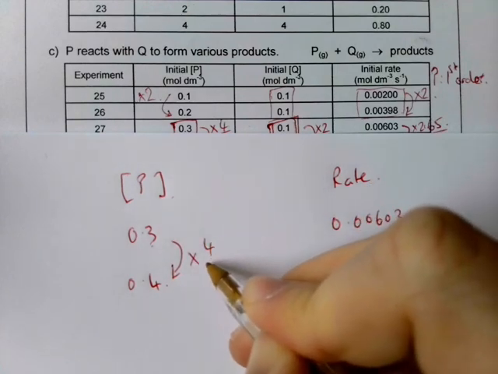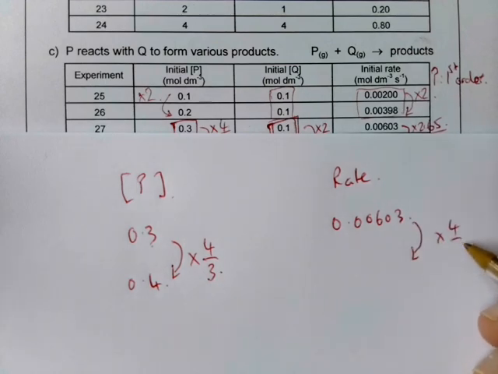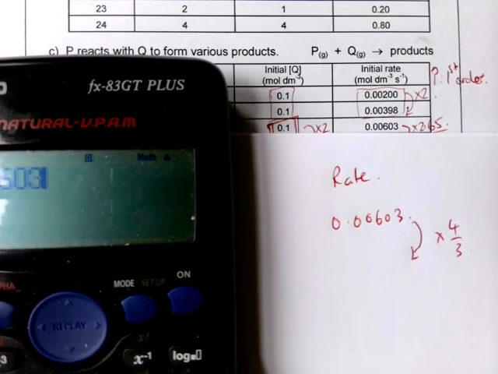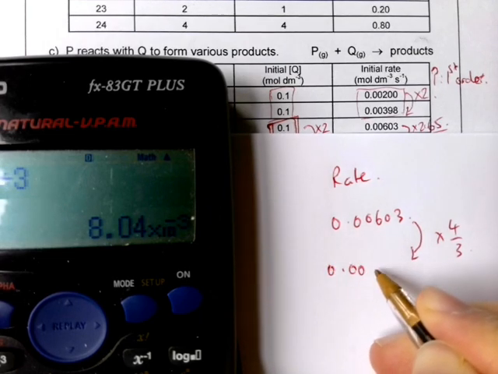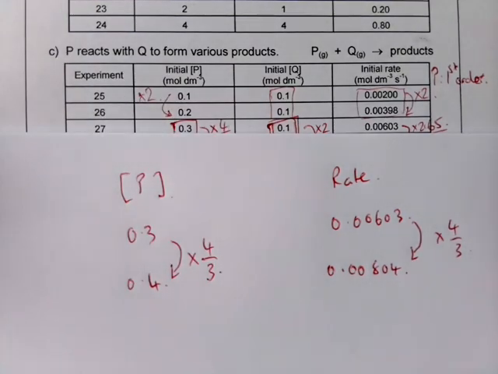So if I times this by 4 over 3, this is first order, so I'm going to times it by 4 over 3 as well. Okay, so I get 0.00603 times by 4 divided by 3, I get 0.00804. So if I was only changing P, that's what I'd expect to see.